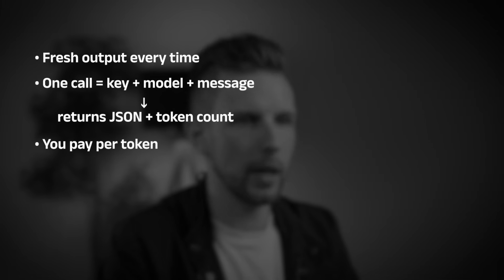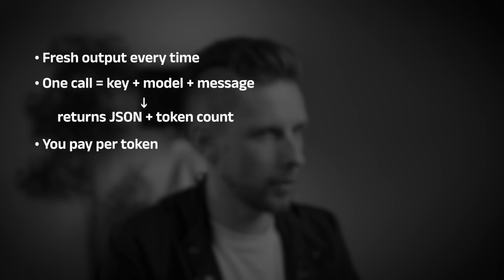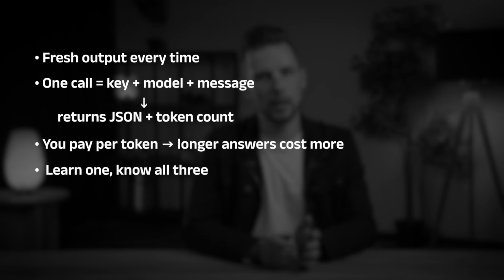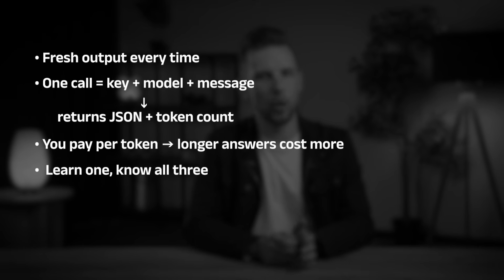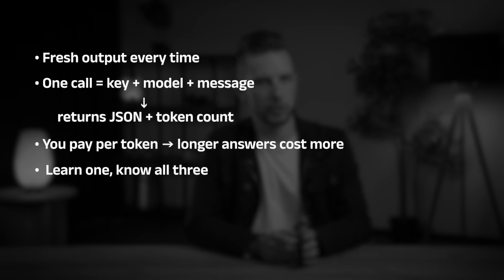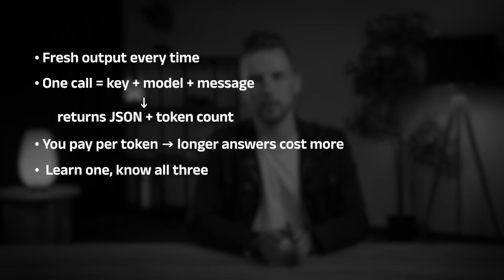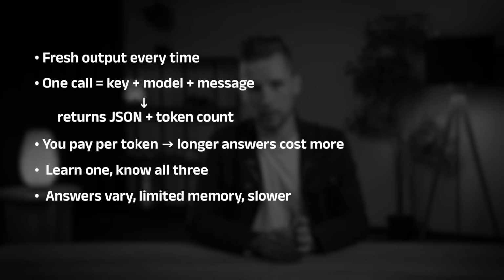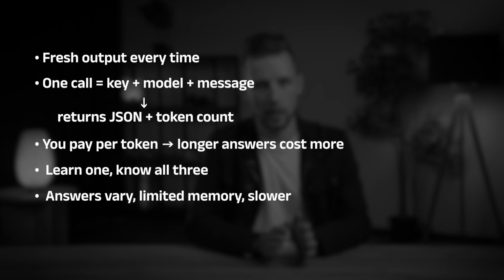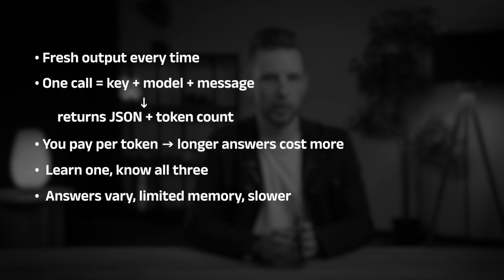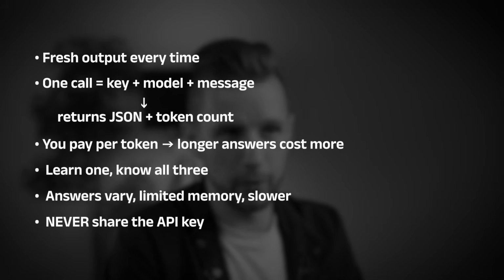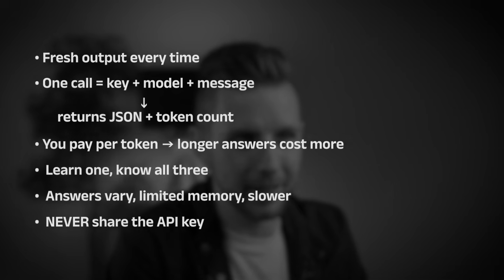Third, you pay by the token, so longer answers will cost more. Fourth, OpenAI, Anthropic, and Google all speak mostly the same language, so learning one teaches you the rest. Fifth, remember the quirks. The answers vary every time. The model can only hold so much at once, and it's slower than a regular API. And whatever you do, guard your API key.